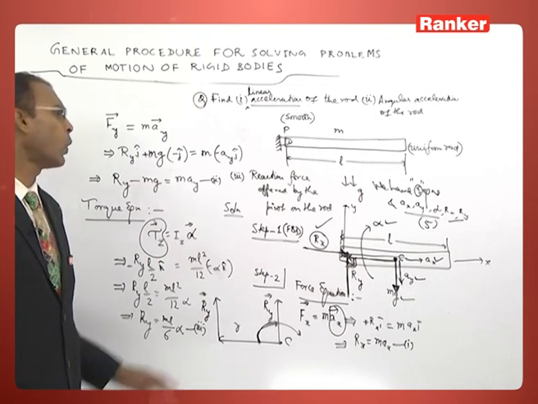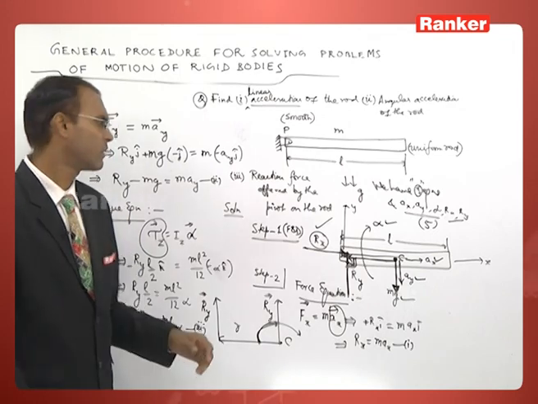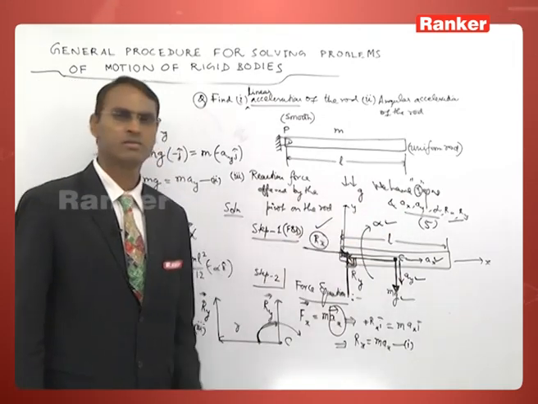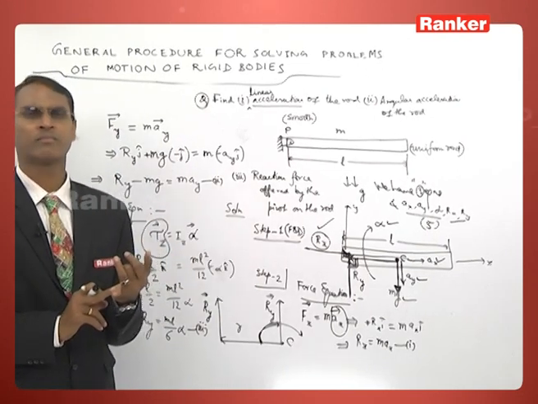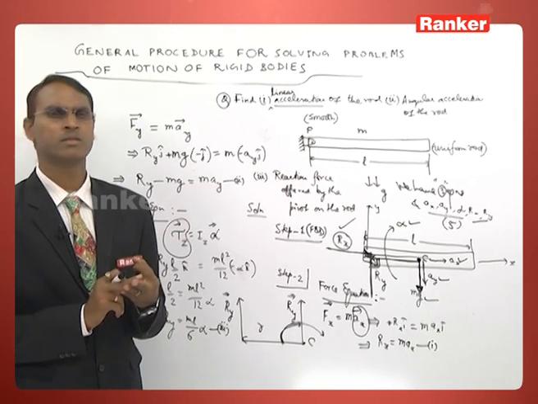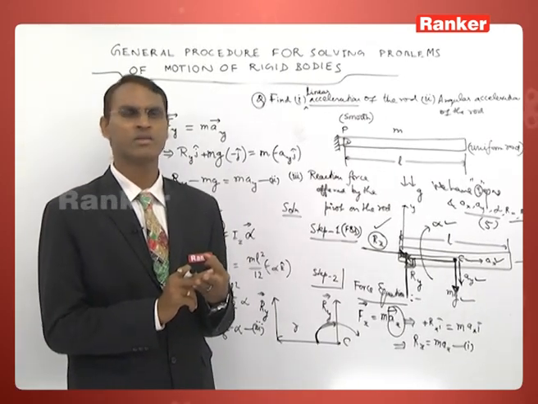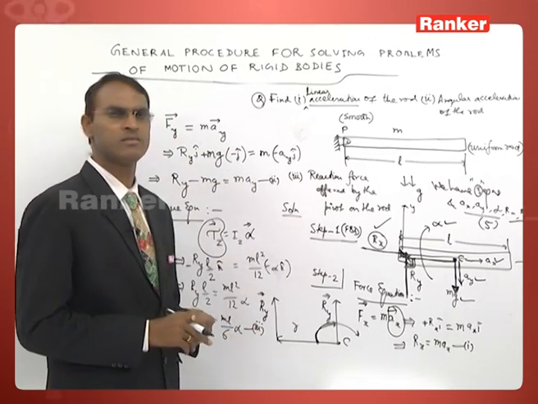Therefore, we need another 2 equations to solve. When the number of unknown quantities is equal to the number of equations, then we can solve for the unknown quantities. So, we have 3 dynamical equations.